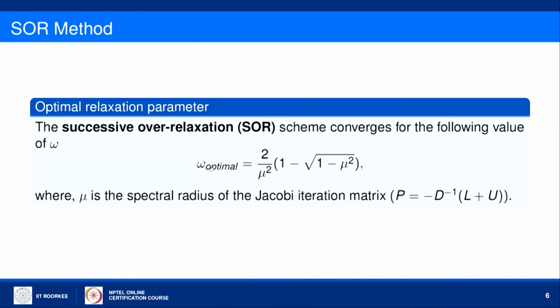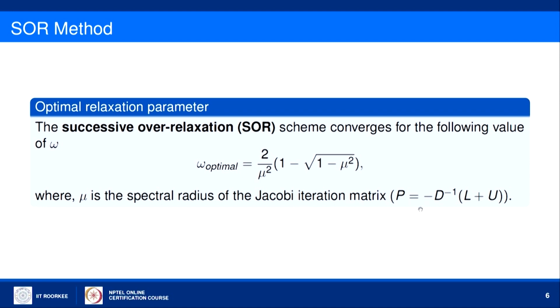The optimal value of omega for the SOR scheme is given by this: omega optimal equals 2 upon mu square multiplied with 1 minus square root of 1 minus mu square, where mu is the spectral radius of the Jacobi iteration matrix.